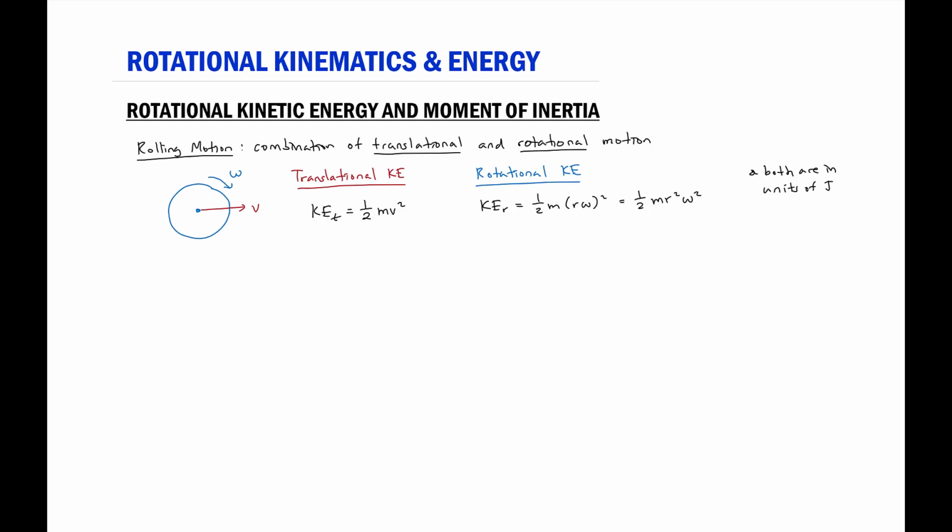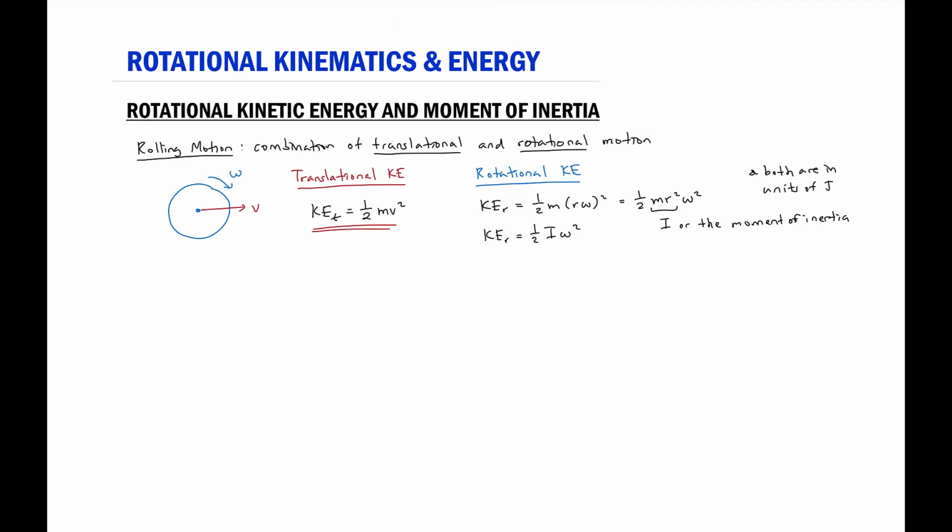But it also may be more convenient to express mr squared as something else called the moment of inertia, I. That's going to simplify our equation to KER equals 1/2 I omega squared.